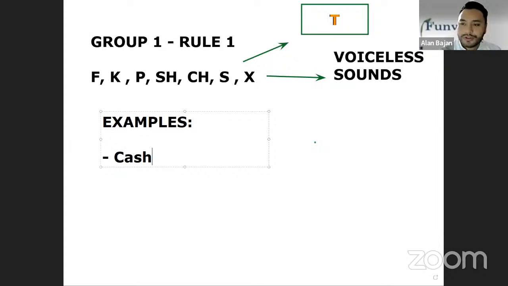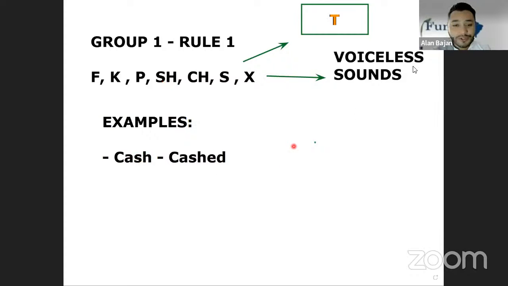Cash. In past tense, we add the ed for regular verbs. That's the general rule for regular verbs. But the pronunciation of cash is with sh, cash. That's the last sound.